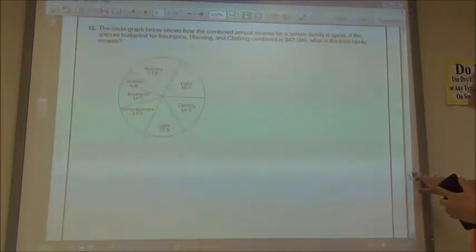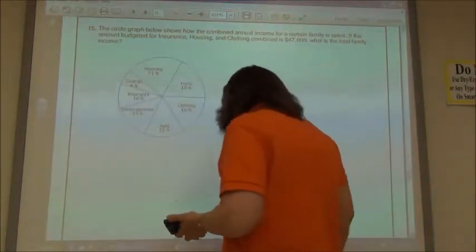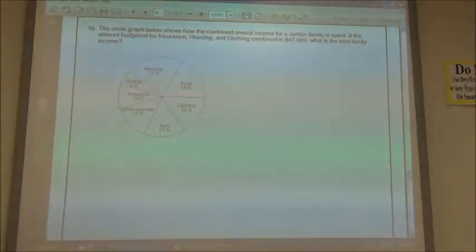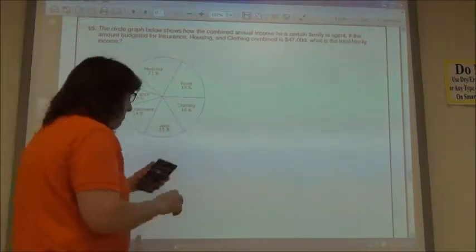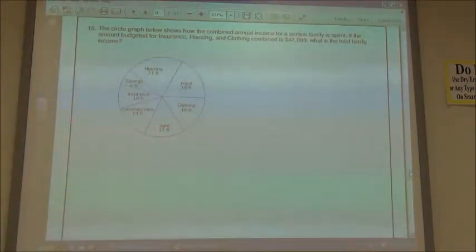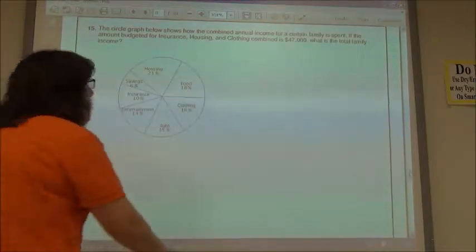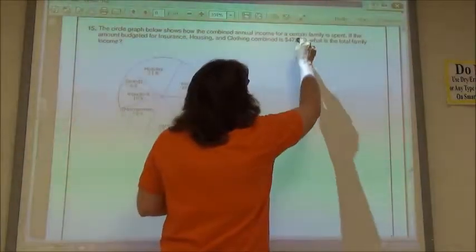And the last one here, they did the same thing. I wish they were going to give you a different one. Let me just kind of quickly figure this out, and I'm going to change the problem here. Insurance, housing, and clothing. Insurance is 10, housing is 21, and clothing is 16, 47%. Okay, so I'm going to get rid of this number here.